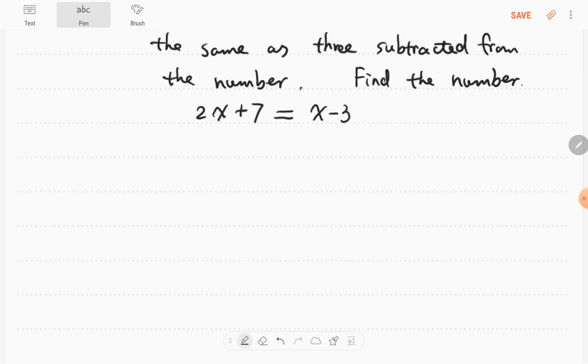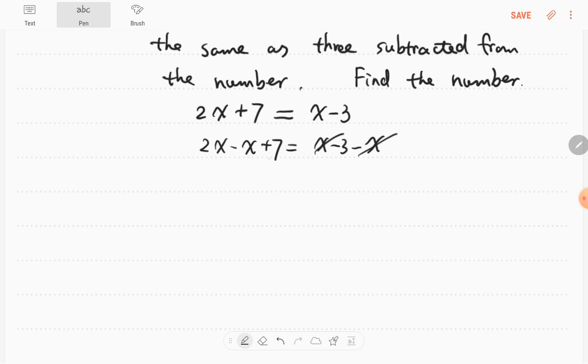So how can we solve this question? We have already talked about it in the previous sections. So first, for this question, we want to isolate the x on one side. So both sides minus x.